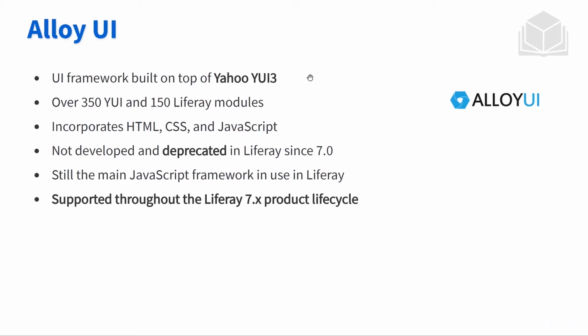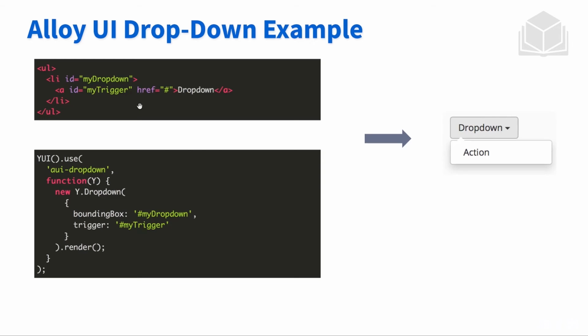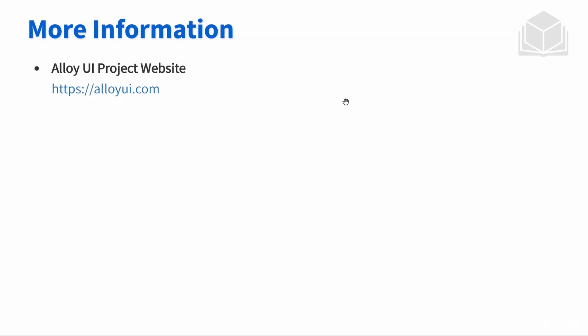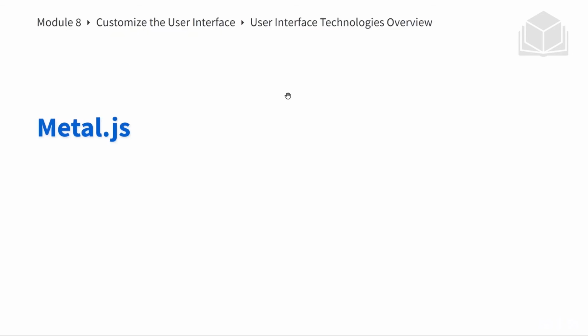That being said, it's still the main JavaScript framework in use in Liferay, and we are supporting it throughout the Liferay 7.x product lifecycle. Here's an example of Alloy UI doing a dropdown as well. Here we have our classic HTML, and here we specified it as an AUI dropdown. This is just an example of the result that we can get pretty easily in just a few lines. For more information on the Alloy project, please take a look at alloyui.com.